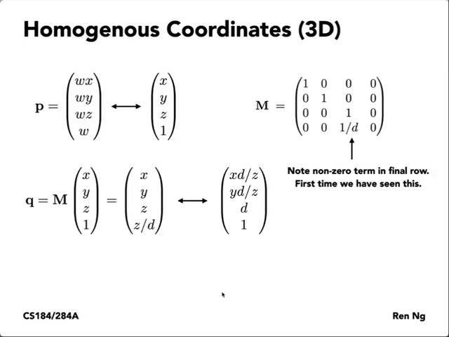So not much happened there, actually. We just extend the definition of homogeneous coordinates under this notation, and then we use basically something non-zero in the bottom row here in order to leverage the common representation, this 4x4 matrix representation from last time, to get us to do what we want.